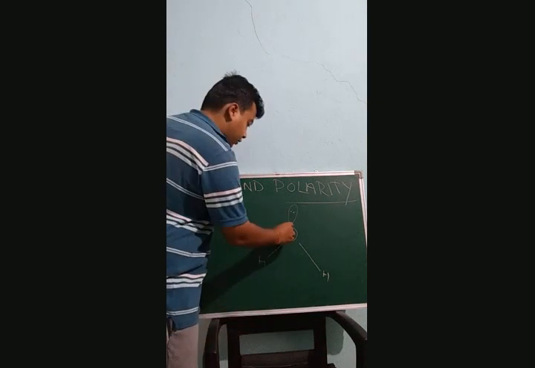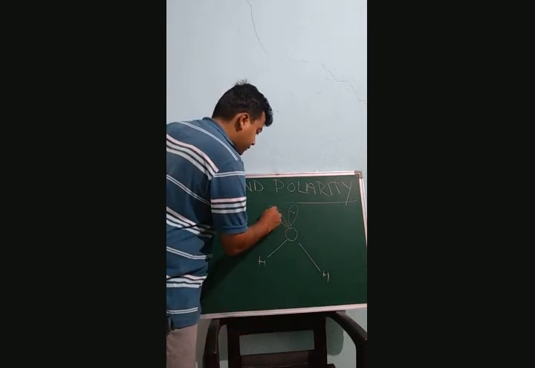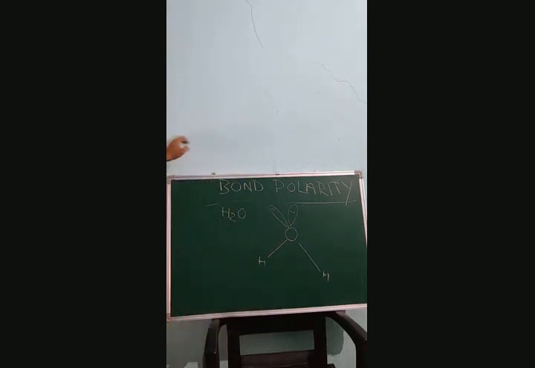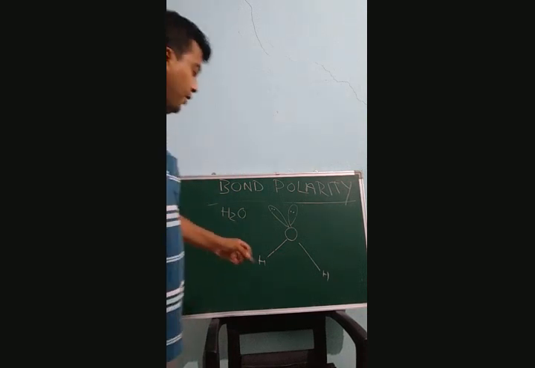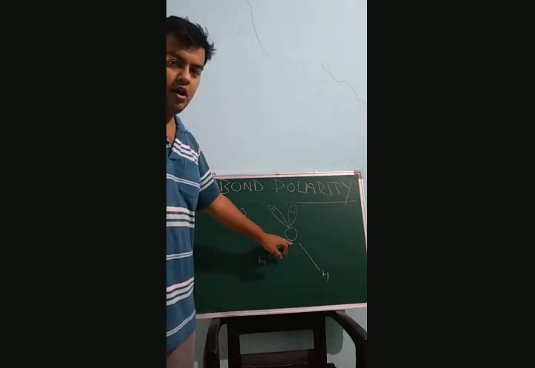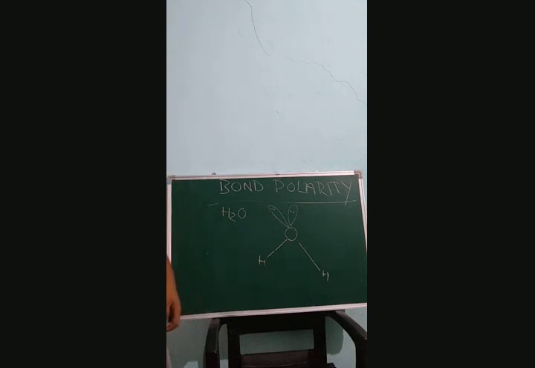There are two lone pairs of electrons, sorry. 1, 2, 3, 4, 5, 6 and 7, 8. So there are 8 electrons. So here the direction of the bond polarity or dipole moment between the hydrogen and oxygen atom will be towards the oxygen atom, because oxygen is more electronegative than hydrogen.